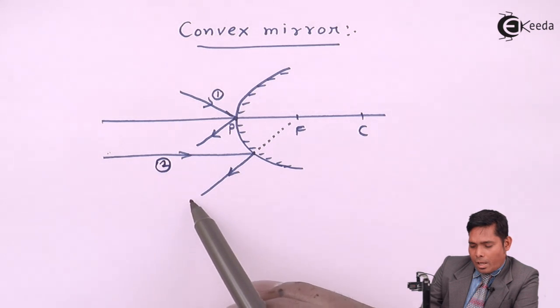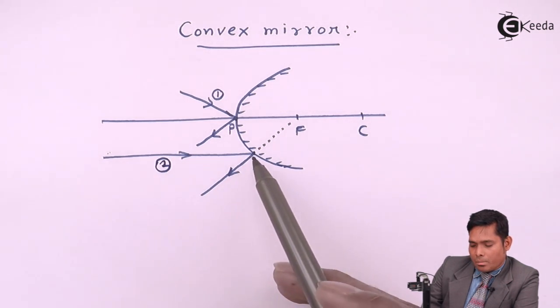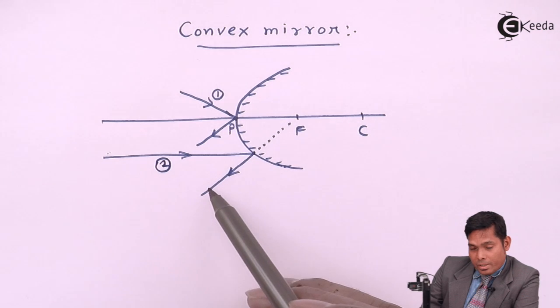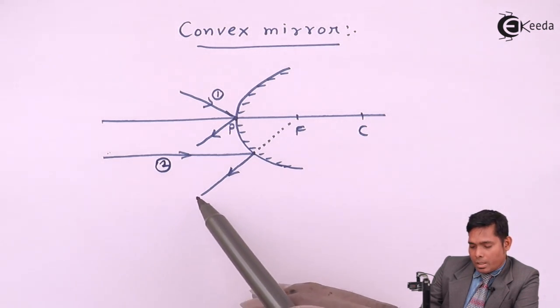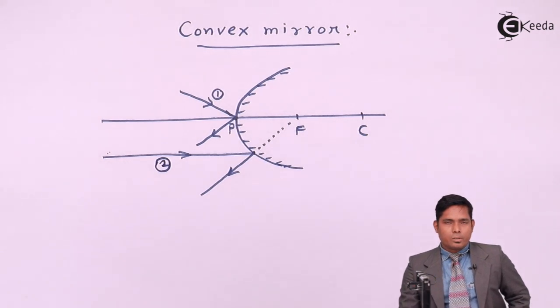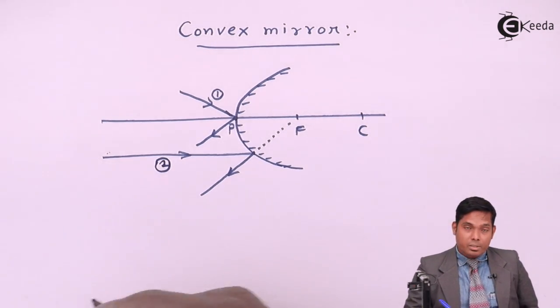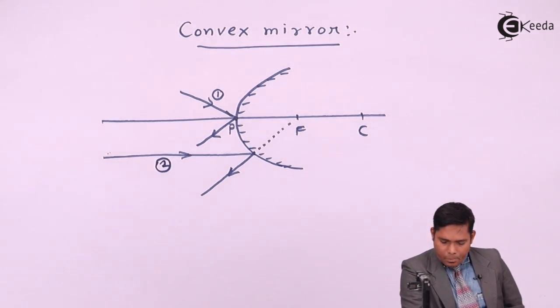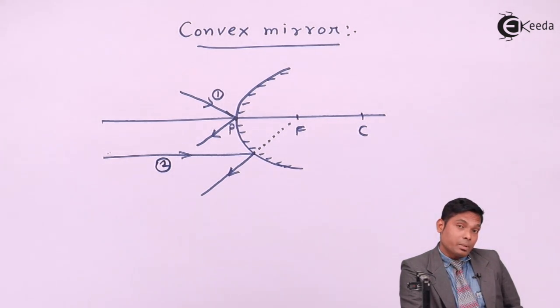But if I stand here, I will have no idea about which direction it was coming. Since it is coming in this direction, it will always appear to me as if it is coming from the focus. That is the meaning of this: the ray appears to be coming from the focus. In fact, it is not actually coming from the focus. Therefore, this is how the terms are used.